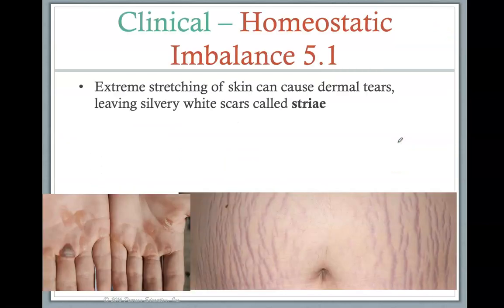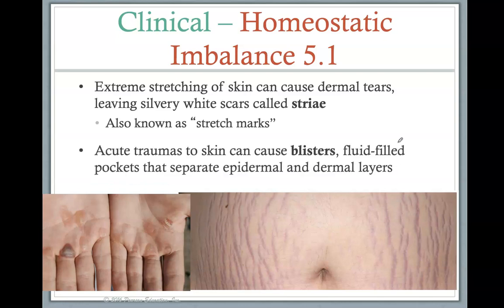And what ends up happening is as the dermis heals and comes back together in that area where it was torn, it ends up not coming back together the same way, okay? So you end up with more of this connective tissue with lots of collagen fibers, and it often forms these silvery white scars that we call striae. So striae are the same thing as stretch marks. So that's why we get those stretch marks.